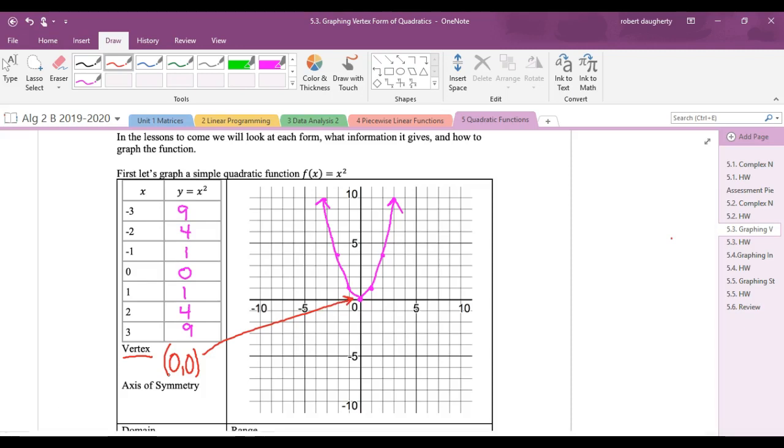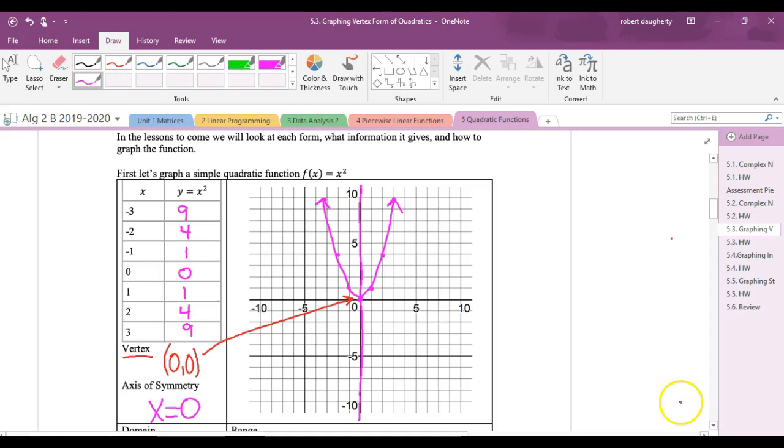So in this case, it is symmetrical about a specific line. If I were to draw a line right here, I can see that it's symmetrical on either side of that line. Okay, what's the equation of that line that I just drew? x equals 0. Okay, so x equals 0, that is called my axis of symmetry. So whatever the graph does on one side of that line, it does the exact mirror image of that on the other side of the line.